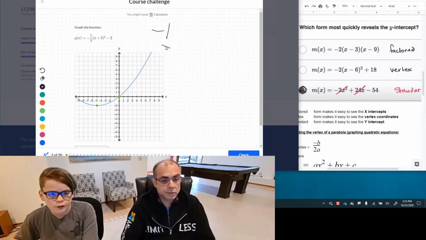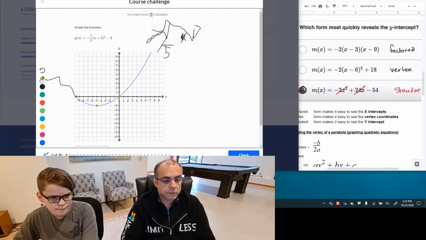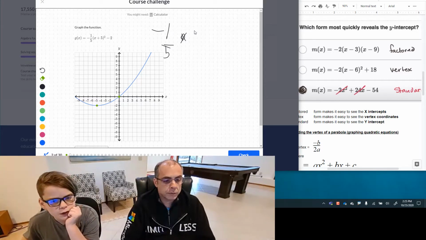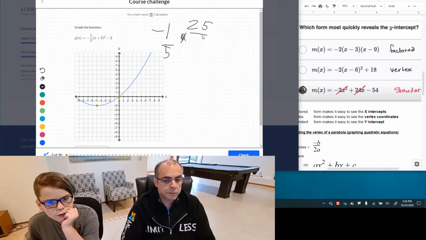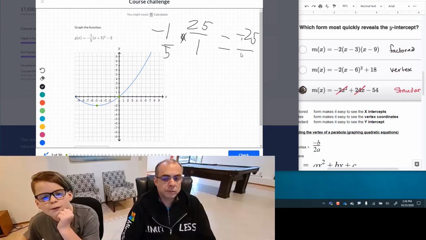So negative 1 over 5 times 25, over 1, equals negative 25 over 5.